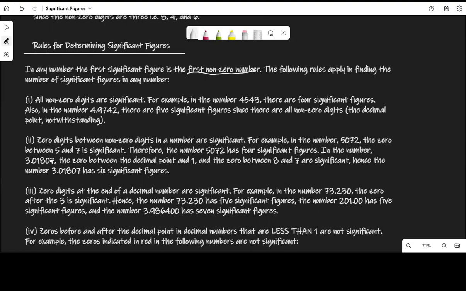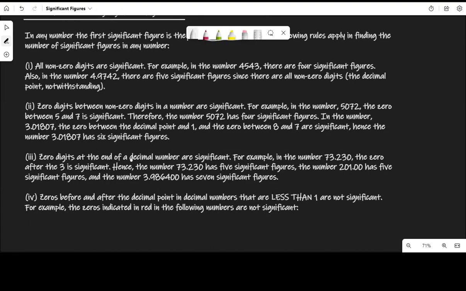So this number as a whole has how many significant figures? 1, 2, 3, 4, 5, 6. So there are 6 significant figures in this number. We say the 0 between the decimal point and the 1, and the 0 between the 8 and the 7, are significant. Hence, the number has 6 significant figures.